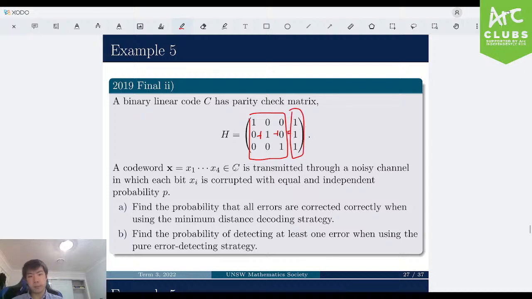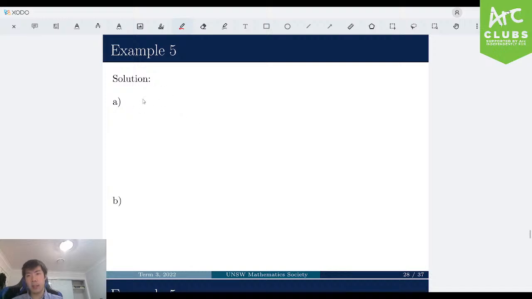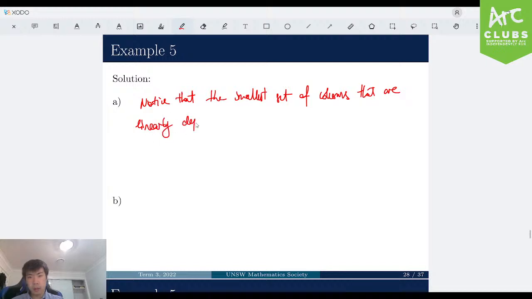Okay? And so we notice that the smallest set of columns that are linearly dependent is 4, right? And 4 can be re-expressed as 2 times 1 plus 2.